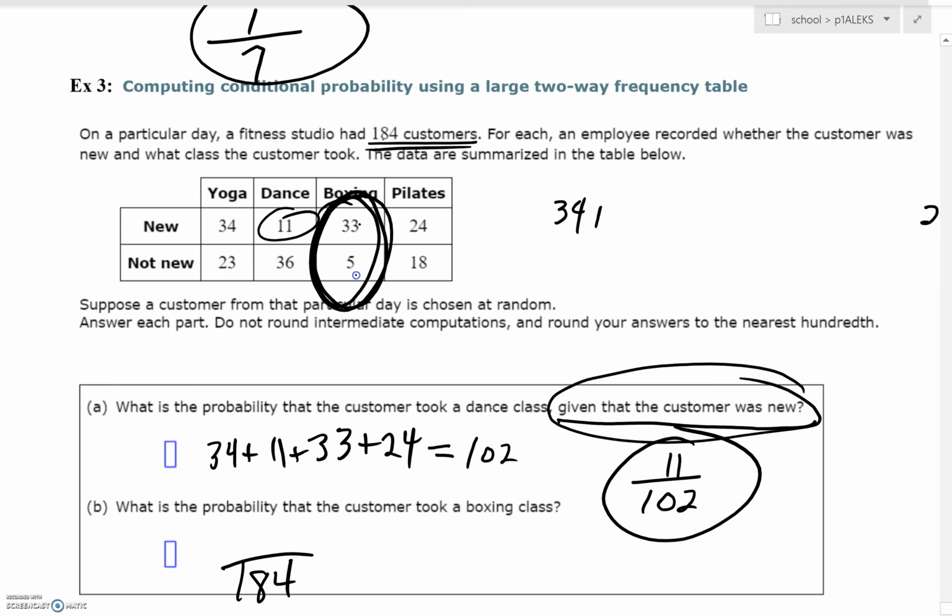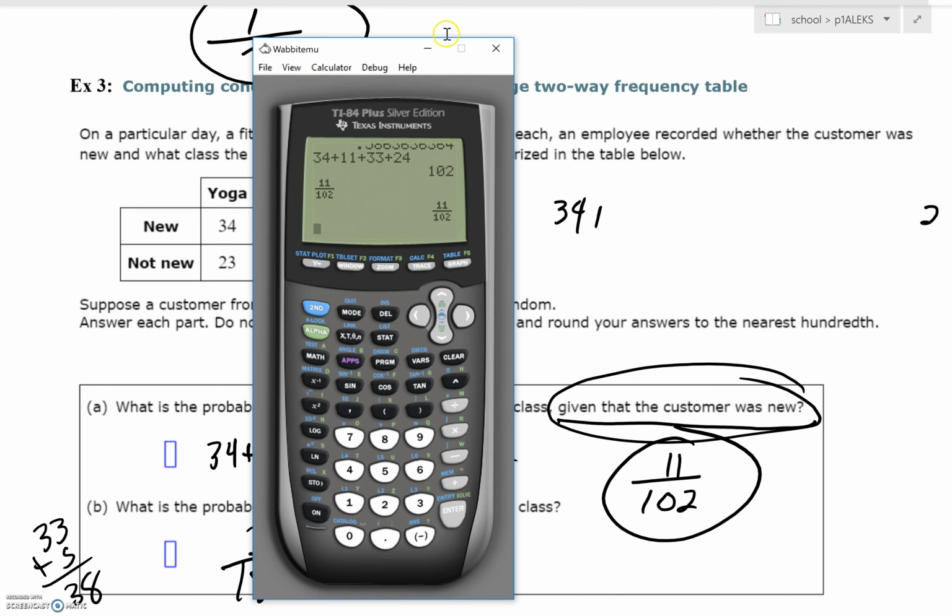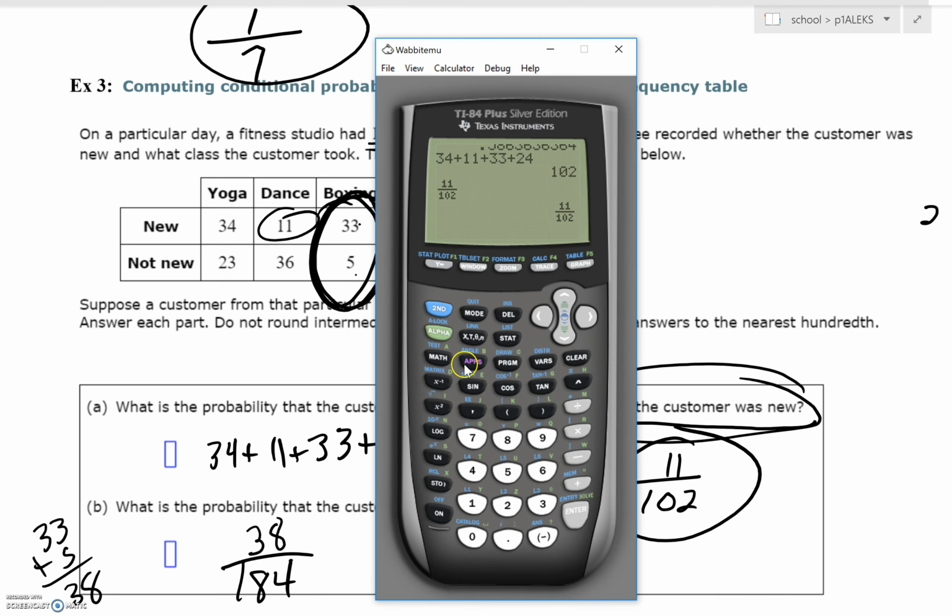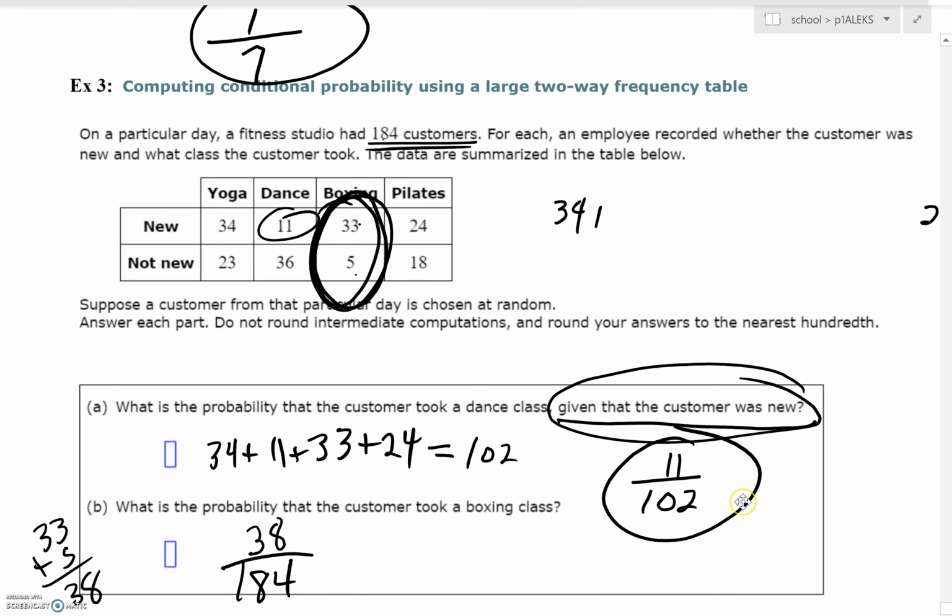It's 33 and 5. Guys, you can add that up. That's going to be 38. Well, this thing we can reduce, and we'll get 38 over 184. You can see it's going to be 19 over 92.